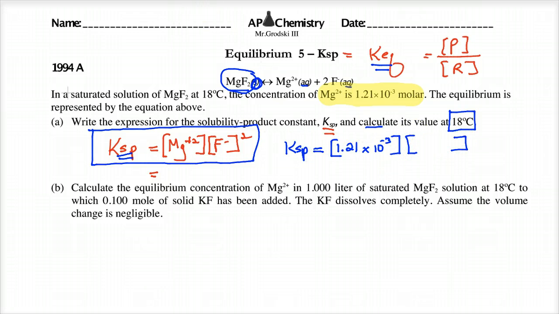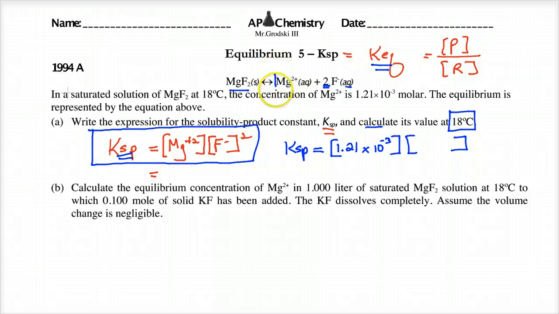Now if you look at the stoichiometric relationship here, you'll see that for every one Mg2+ that is dissolved, 2 F negative are produced. So if I am at equilibrium, okay, and I know the concentration of my Mg2+, it's staying constant, the rate of the forward equals the rate of the reverse, then this concentration has to be double. 2 fluoride ions per every 1.